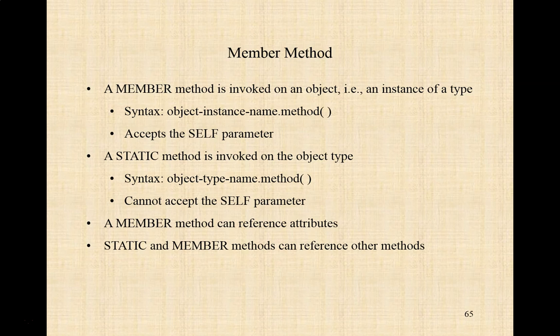The syntax is to use the type name dot method. And because static does not apply to any object instance, there is no self parameter. A member method can reference attributes of the object, and both static and member methods can reference other methods.